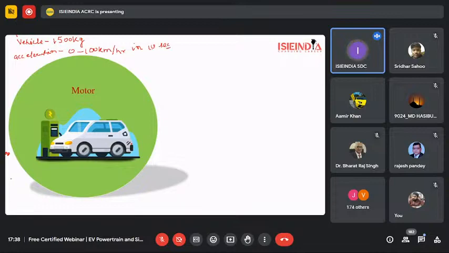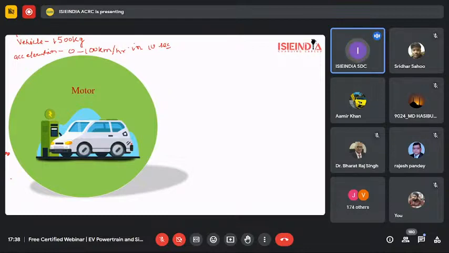This is the basic assumption I am taking. After I manufacture a vehicle, it weighs 200 kilogram. Now I want to estimate what rating of motor I need to use for this vehicle.